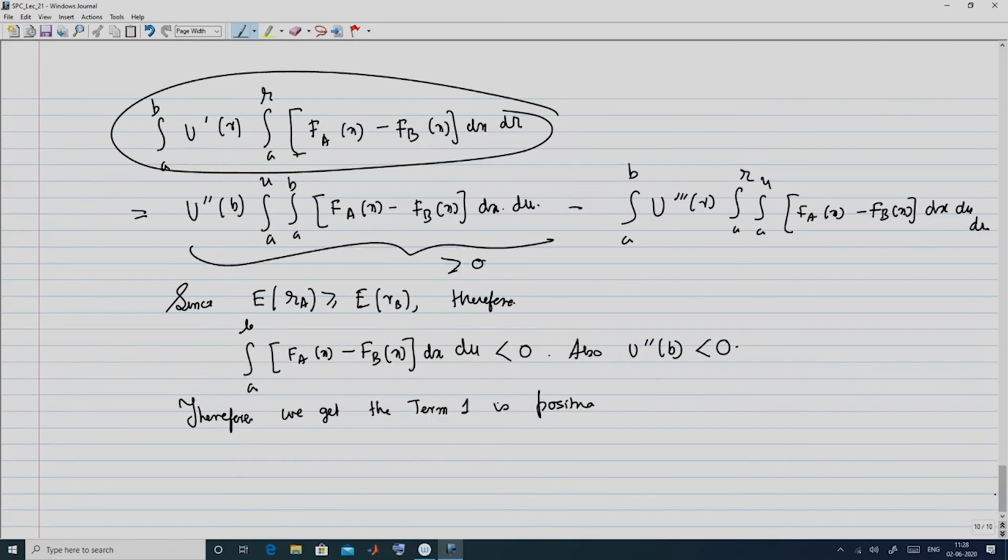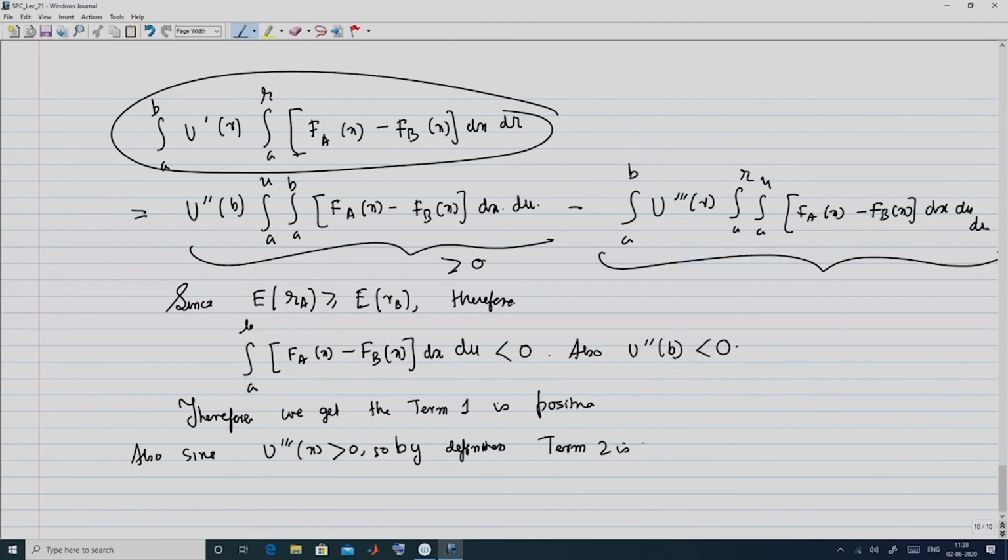Alright. So, next now come to the next term. So, also since u triple prime of x is greater than 0, so by definition term 2 will be positive if this integral is greater than 0.